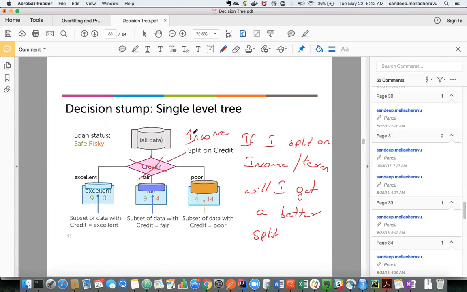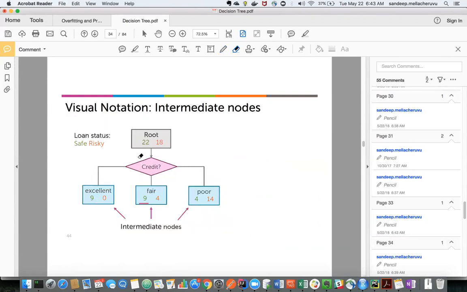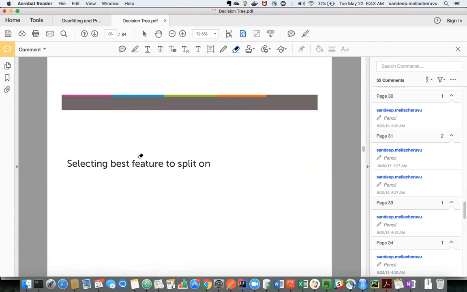Or maybe if I don't use this and use term as the feature variable on which I want to split the decision tree, maybe I get a much better answer. So these are some decisions I have to take before I can build a decision tree. Now, how do I know which is the best feature to split on?